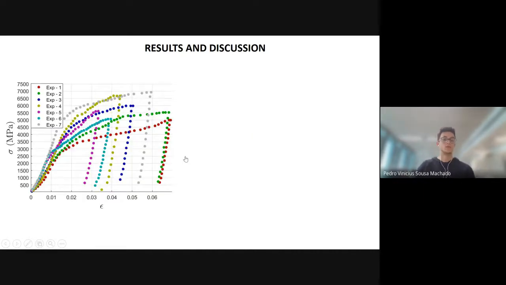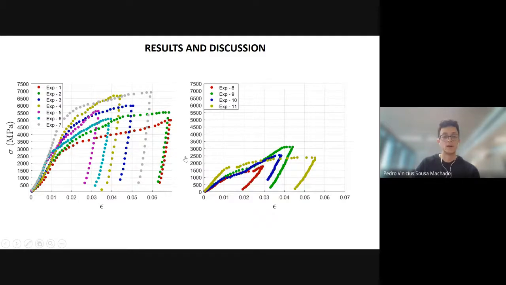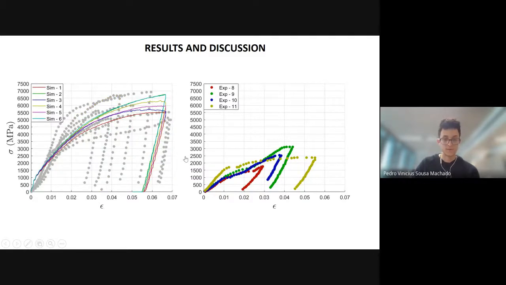So this is the data for the fine grade. And if we put the simulated results on top of this, we see this. Okay, so as you can see, it matches really well.